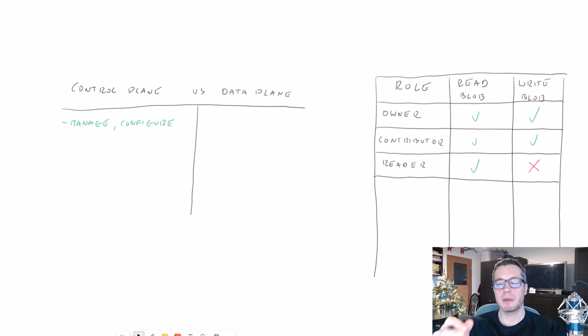So control plane is about managing and configuring our resource, but not about accessing the data, because that's what data plane is used for. So data plane is used simply to access the data. And those two planes use different endpoints in Azure, and a different set of permissions is used in both cases.